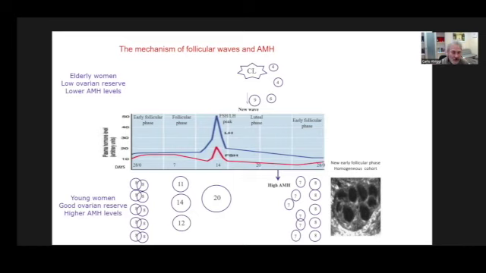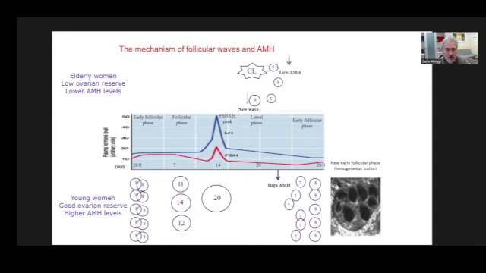Because the anti-Mullerian hormone is very low and not able to protect against FSH, and probably in this patient the FSH will be higher. So high FSH, low AMH, we lose synchronicity of follicles. And we have a dominant follicle during the luteal phase.